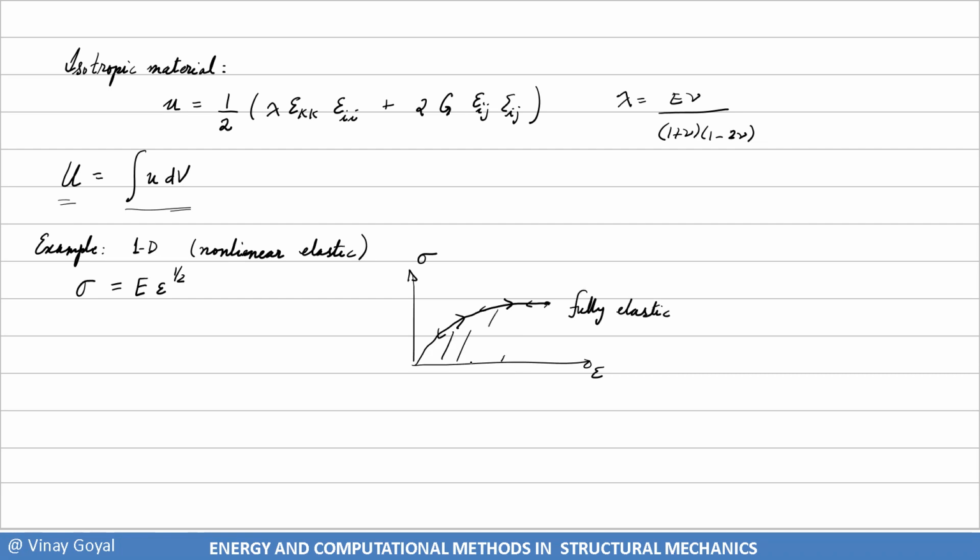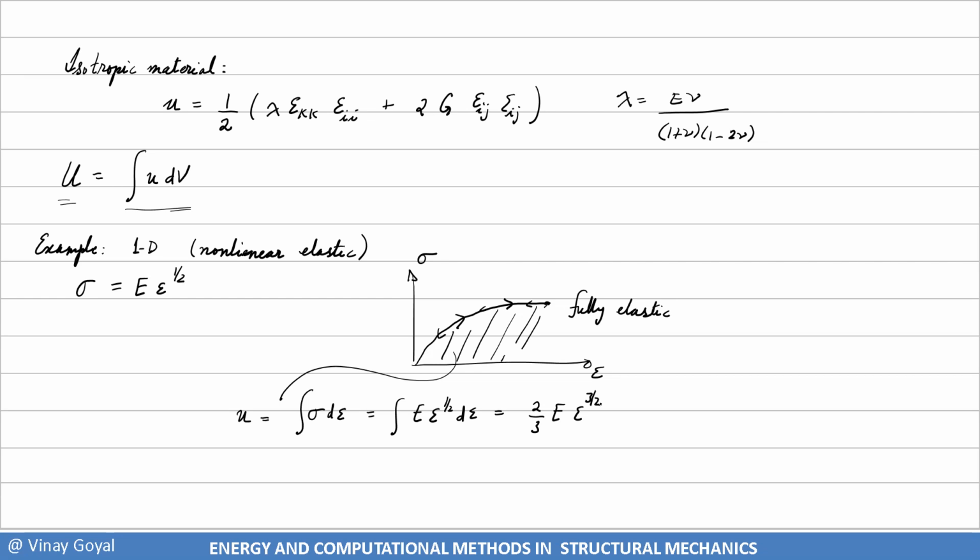Then the area under the curve gives you small u. In this case, it is the integral of sigma d epsilon. And here I get the integral of E epsilon to the 1/2 d epsilon, which I believe is going to give you 2/3 E epsilon to the 3/2, I hope.